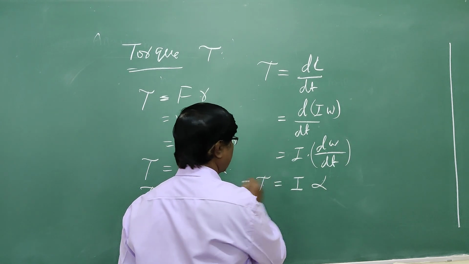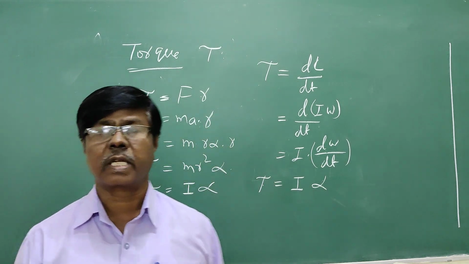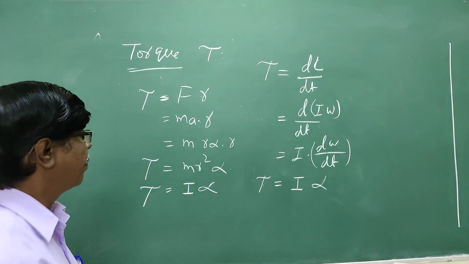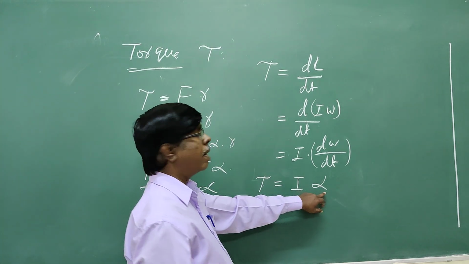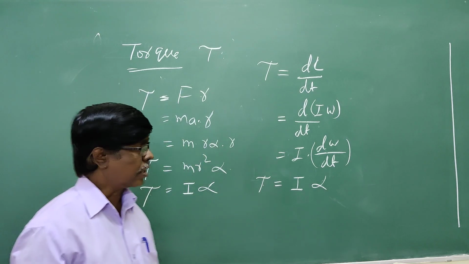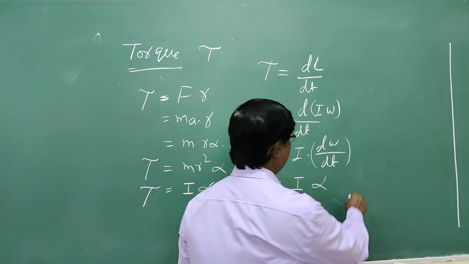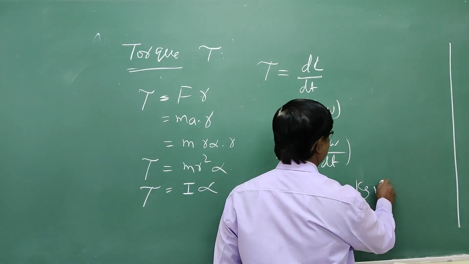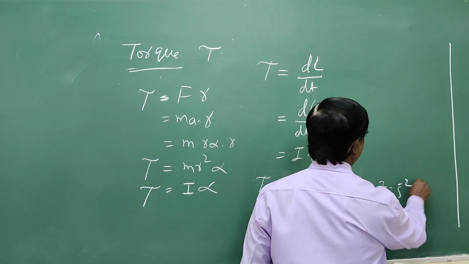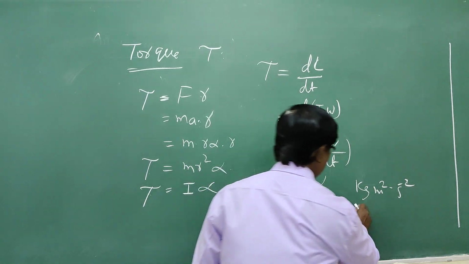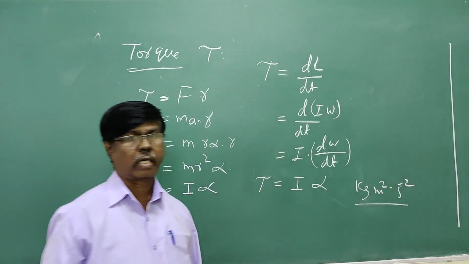So I alpha is torque. That is, torque is the product of moment of inertia and the angular acceleration of the particle. The unit for this is again kg meter square per second square, the SI unit of torque.